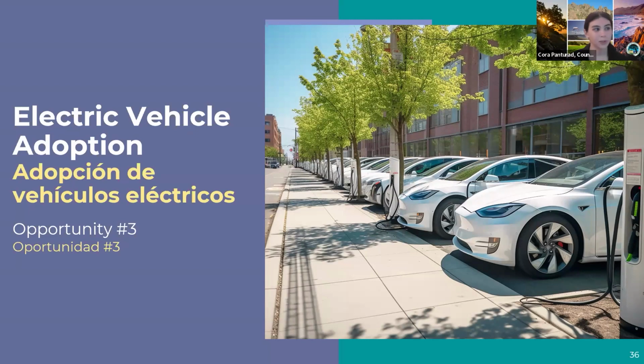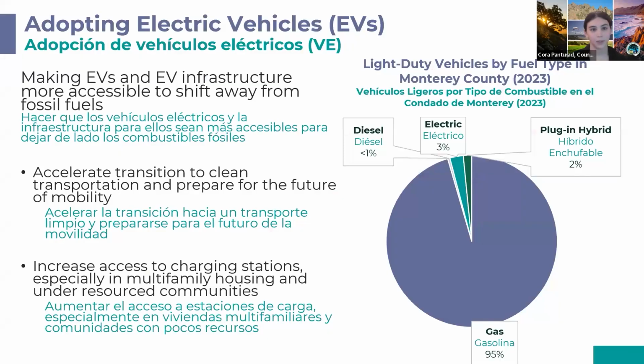So our next opportunity is for electric vehicle adoption. For the trips that we can't reduce, adopting electric vehicles is a really crucial way to continue to have that mobility choice for community members and also reduce those greenhouse gas emissions. So our primary strategy for that is to make EVs more accessible than fossil fuel cars.